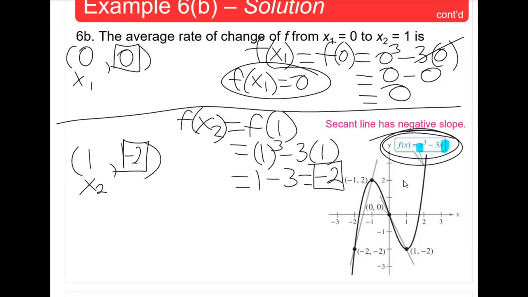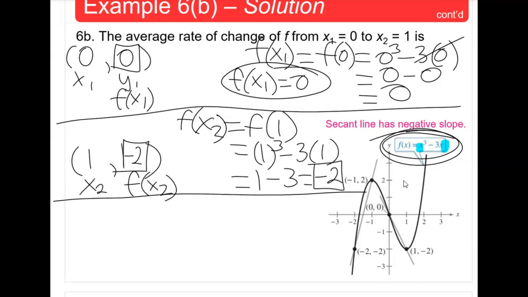So that goes here, negative 2. So this is f of x sub 1, and this is f of x sub 2. All right. So that's how you will do it if you didn't have the graph and only the equation.